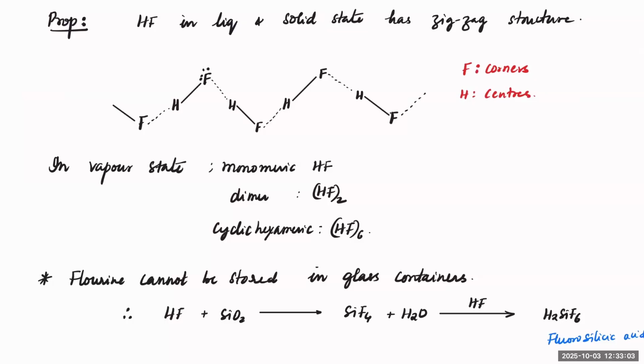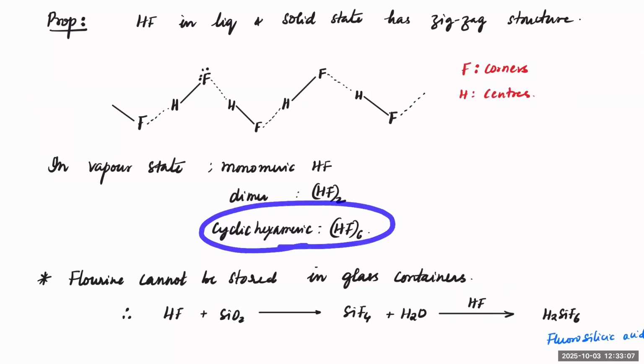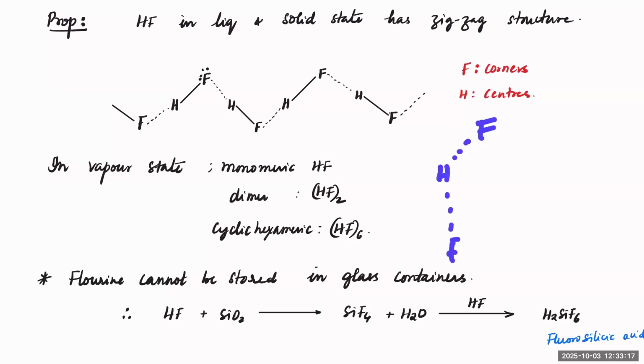In some cases, it can show dimeric form, or it can have a cyclic hexameric form as well. These are all in the vapor state. In hexameric form, that means F, then hydrogen, then F, then hydrogen, then F, like this.